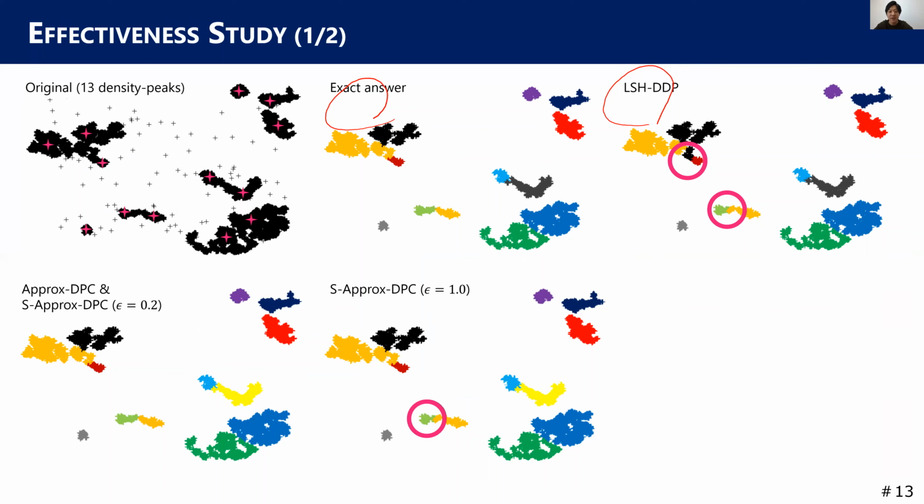It has one big difference and one small difference. On the other hand, approx-DPC and S-approx-DPC with small epsilon provide the perfect result. Even if we enlarge epsilon, S-approx-DPC provides only a small error.